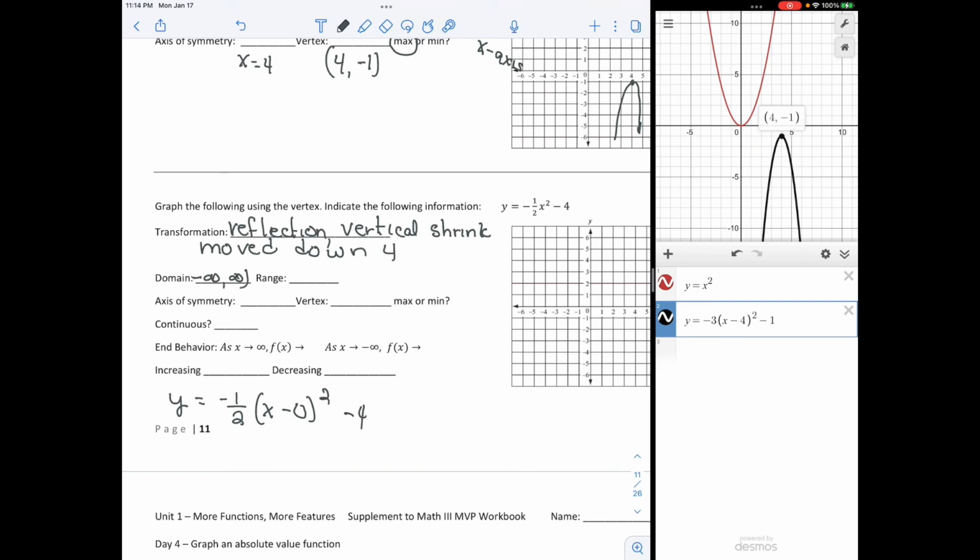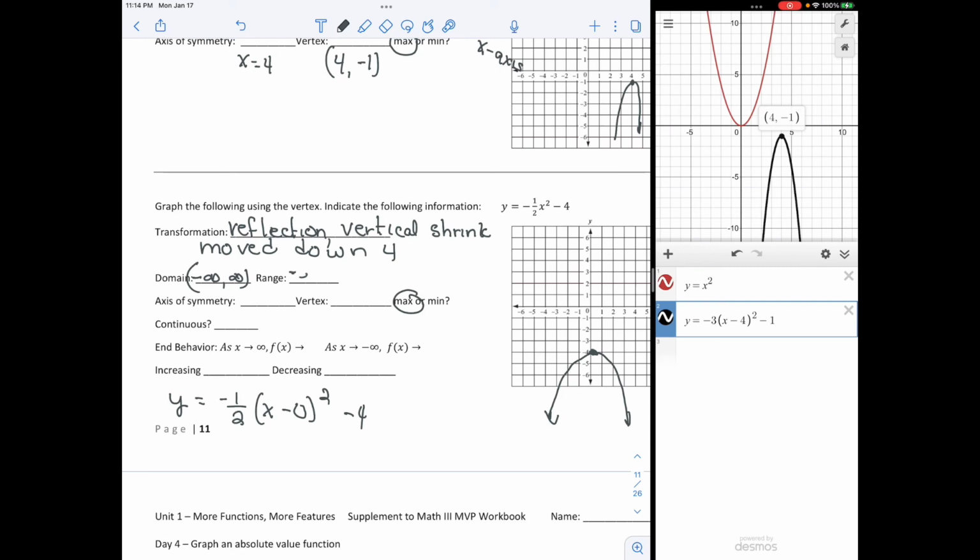So my domain, please everybody, please say this. My range, okay, so let me go ahead and graph what this looks like. So I'm going down -4. And it's going to be a little bit fatter. So my range now, this is now a maximum.